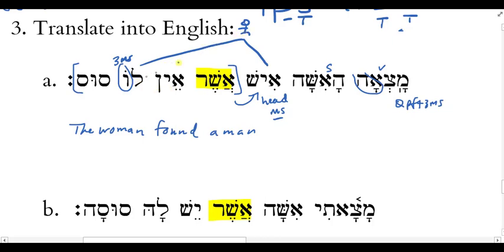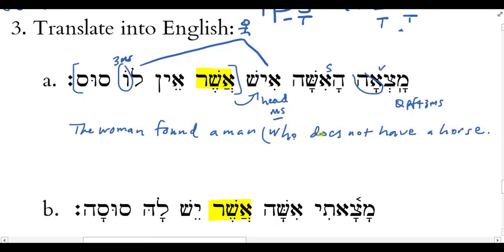There is not to the same man that she found, there is not to him a horse. Now, how am I going to translate this into good English? The woman found a man. No, this is actually a full clause on the inside. I need to use a relative clause. So who does not have a horse?